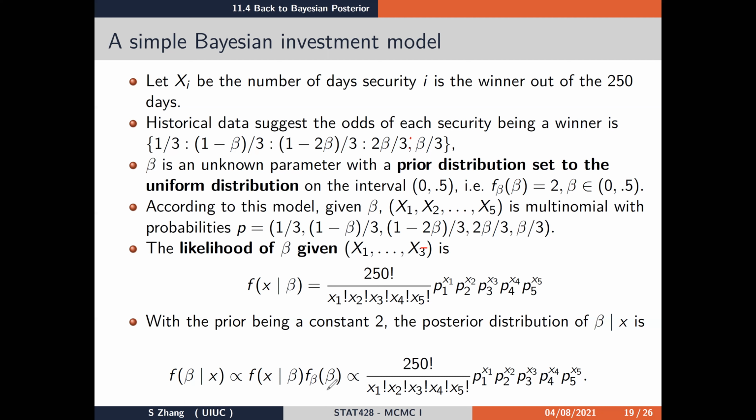Because the prior is a constant, we can drop it, and the posterior density is hence proportional to the likelihood for the multinomial.